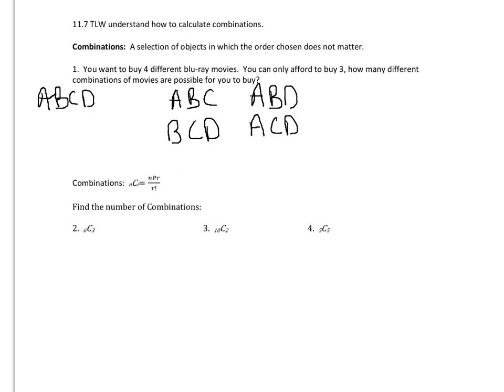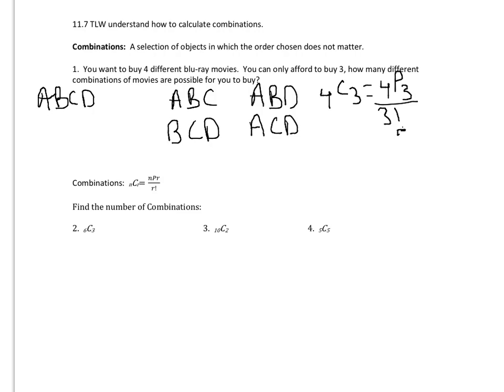So let's look at this equation here. If we set that up, you have 4 movies, choosing 3: 4 permutation 3 divided by 3 factorial. Now, I don't know if you've picked up on the pattern yet, but for permutation, 4 minus 3 is 1.